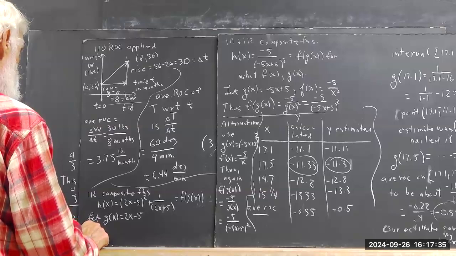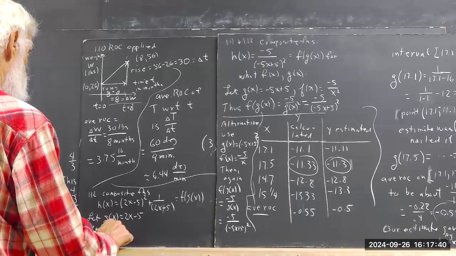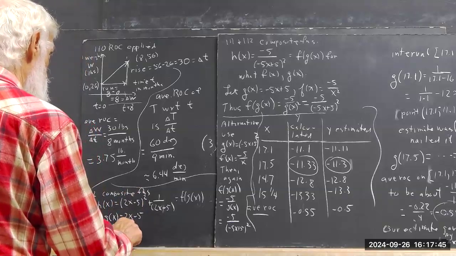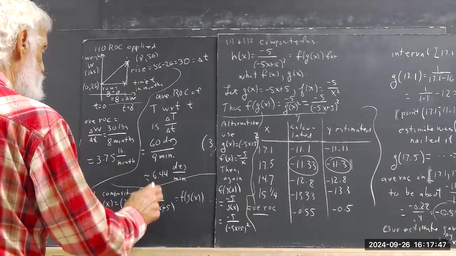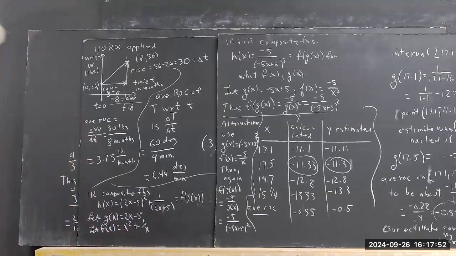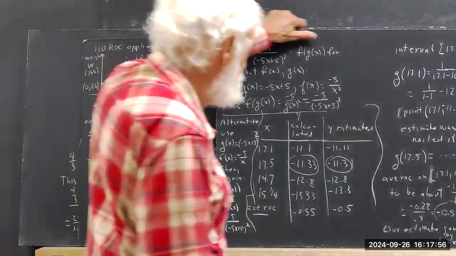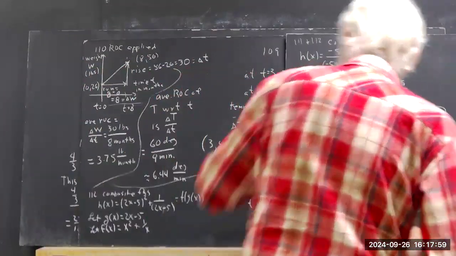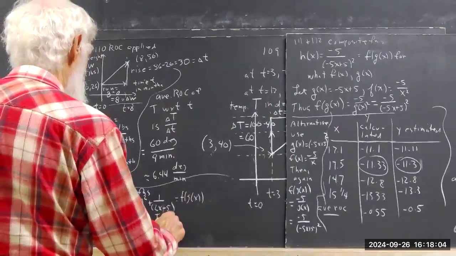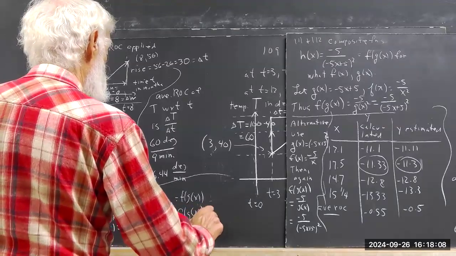And now f of x be what? Well, here's 2x minus 5 squared, so that would be like x squared. And here's 1 over 2x minus 5, so that'd be like 1 over x. So then, f of g of x equals what?